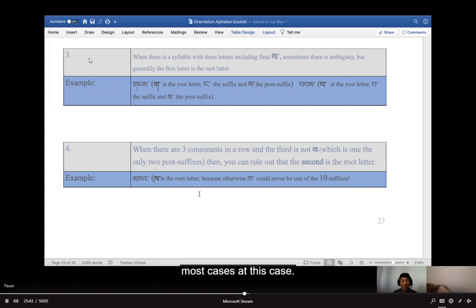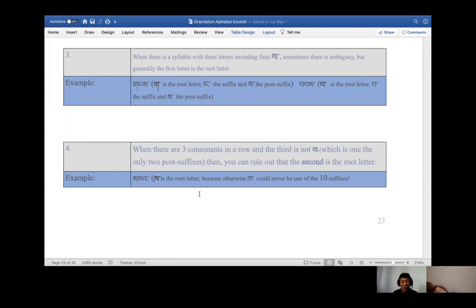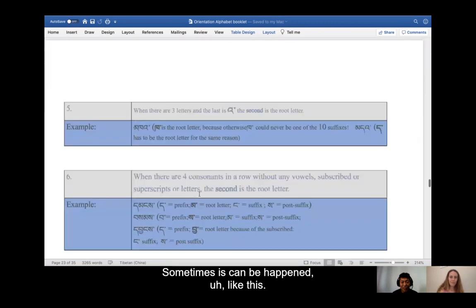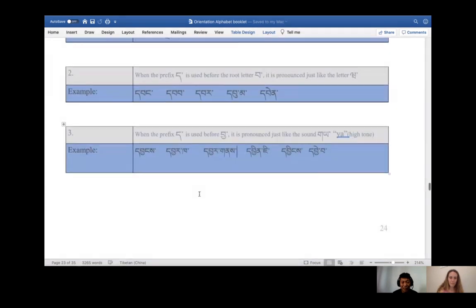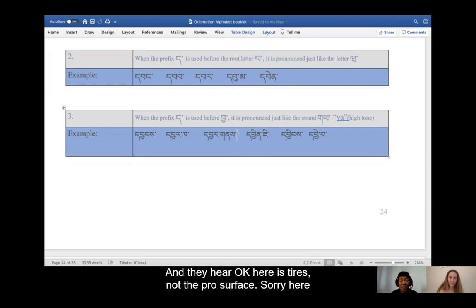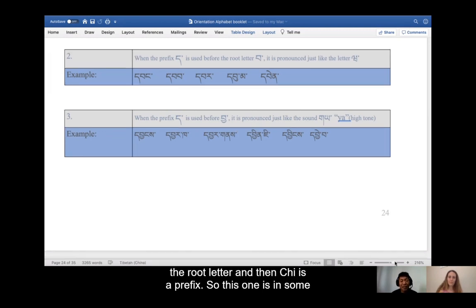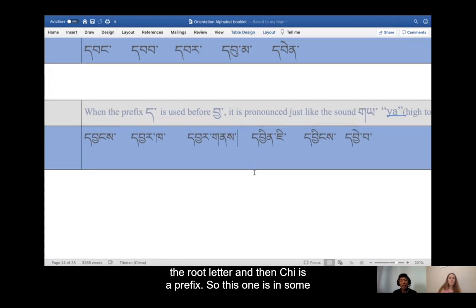Most cases are like this, but sometimes it can happen differently. Here, sa is not a post suffix. It's just a suffix, na is the root letter, and ka is a prefix. In some cases this happens, but you don't need to worry. There are not many words like this, only a few.